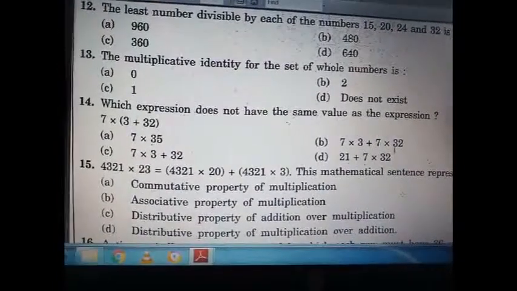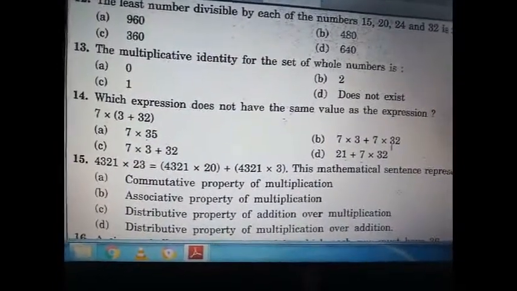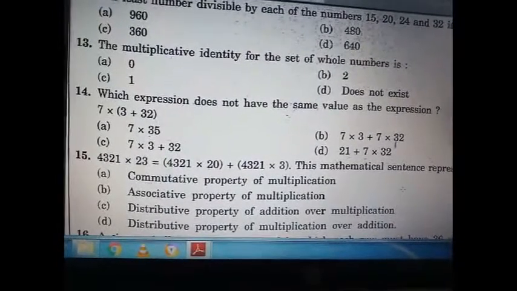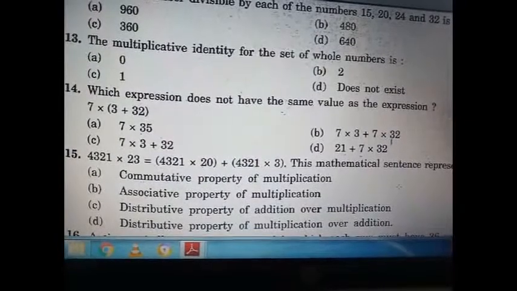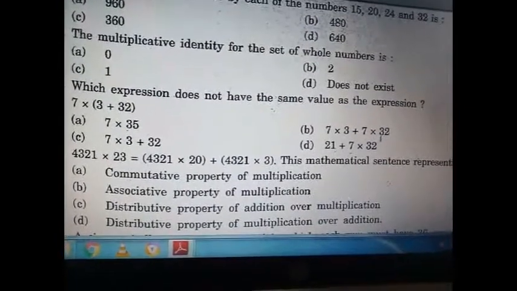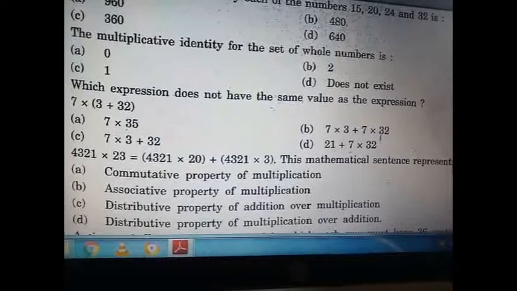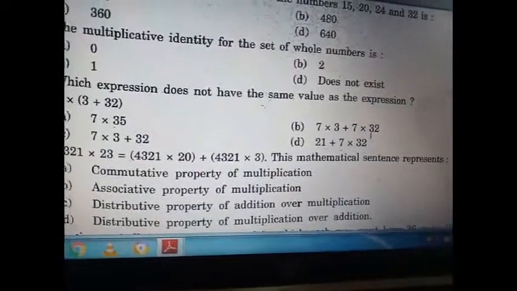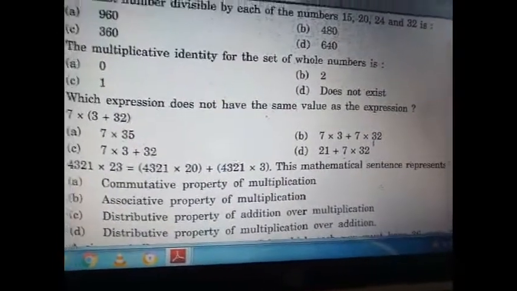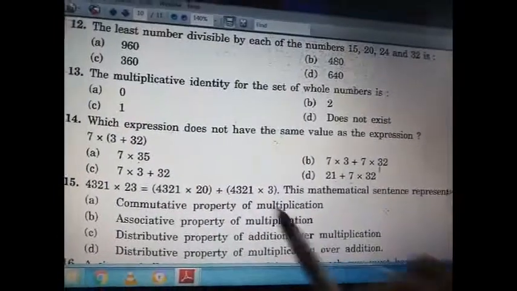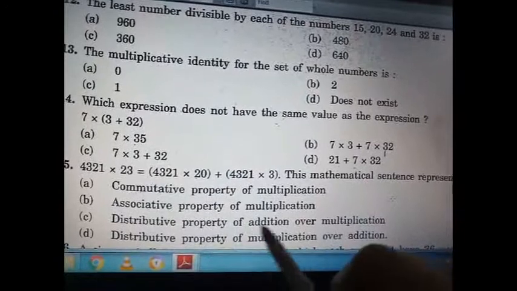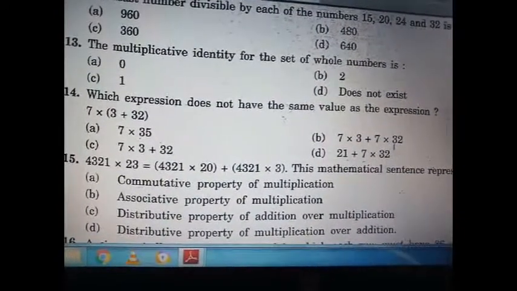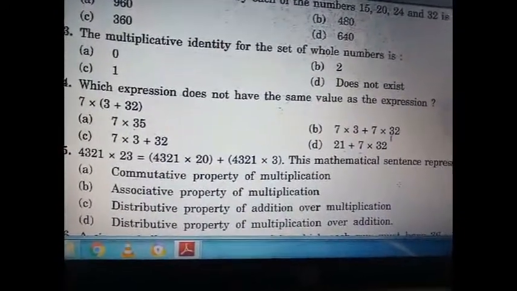Now question number 15, you can see that 4321 multiplied 23 is equal to 4321 multiplied 20 plus 4321 multiplied 3. This mathematical sentence represents, you can see that here the addition is done. So this is the distributive property of addition over multiplication. So we will go through option number C.